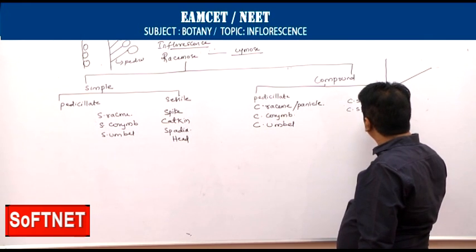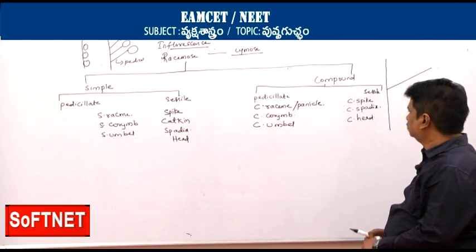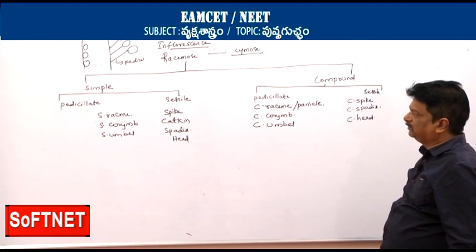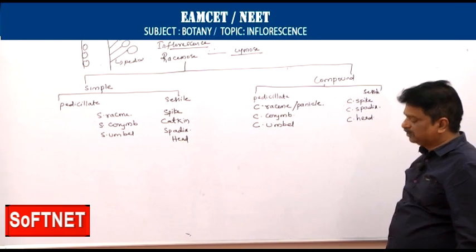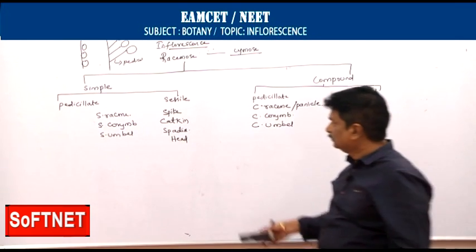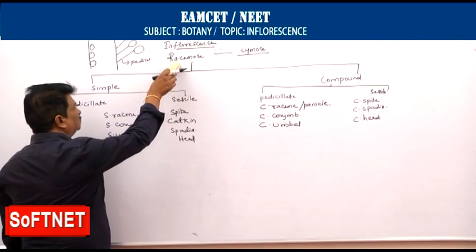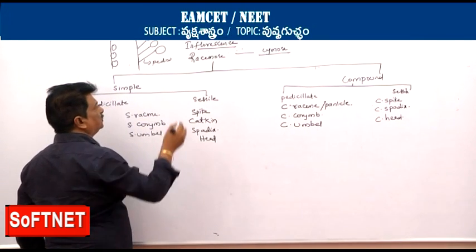Next one compound spadix, and third one compound head. So these are the types of racemose inflorescences. Under this, first one, simple raceme, comes under racemose simple pedicellate.